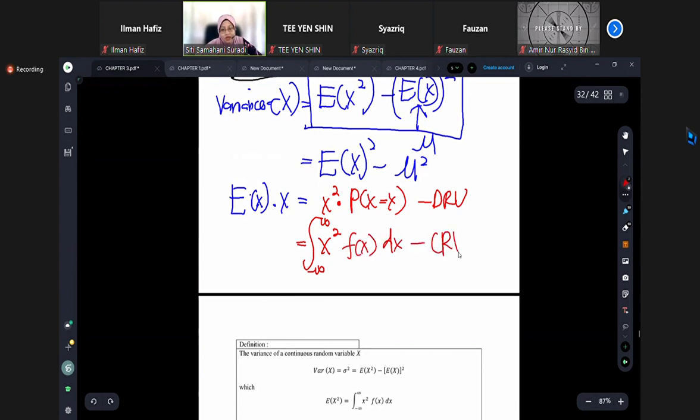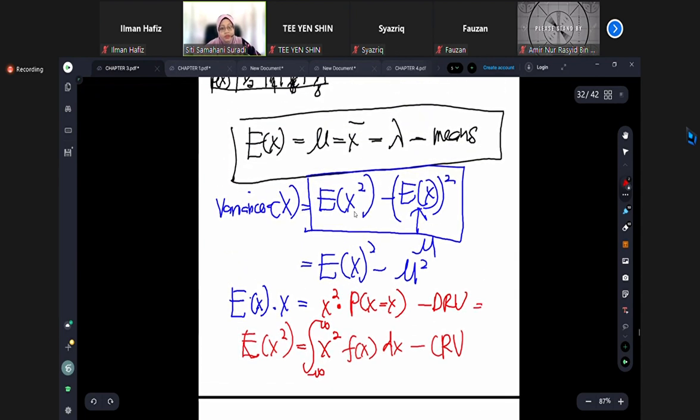Get it? When you get the X power of 2, then to get the answer you need to use this one.